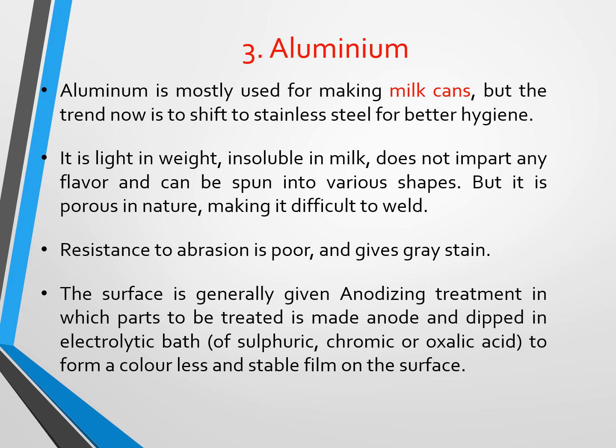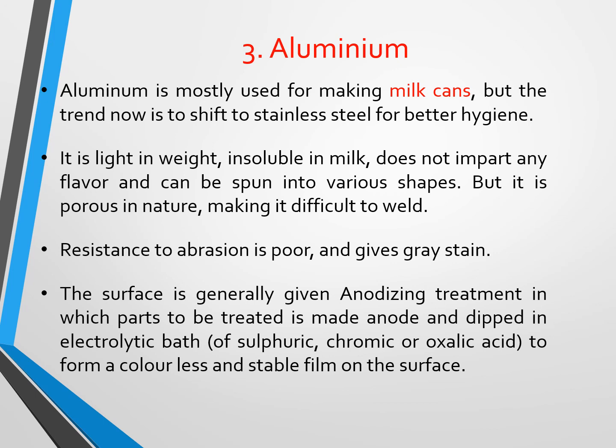Out of the characteristics of aluminum, it is light in weight, because its density is low. It is insoluble in milk, does not impart any flavor, and can be formed into various shapes. But it is difficult to weld. Its resistance to abrasion is poor, and it gives a gray stain.